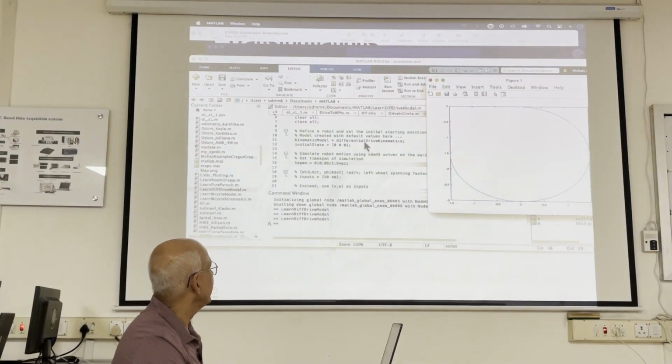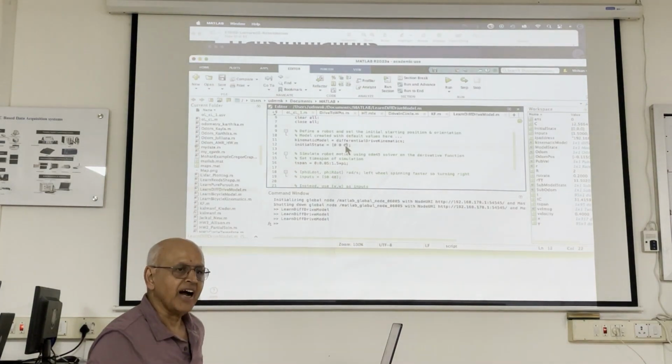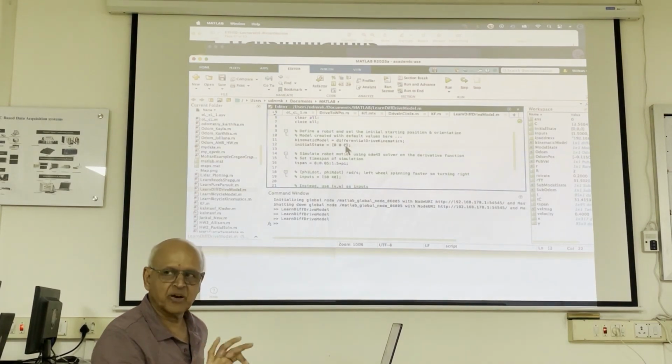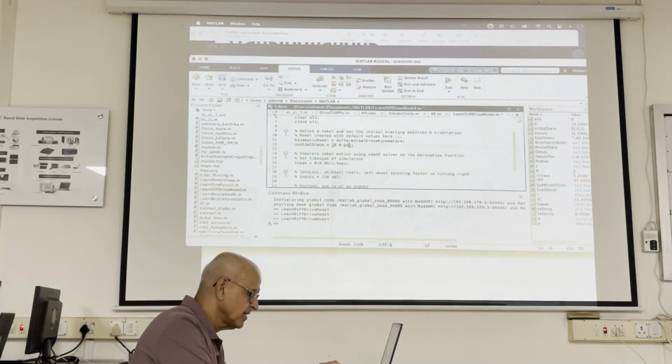How about if I put it in a different initial state? I want to change this. I believe this cannot be in degrees. The third one is theta, and it cannot be in degrees. Let's make it pi over 4, 45 degrees.